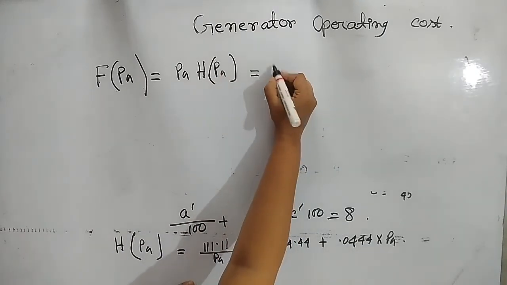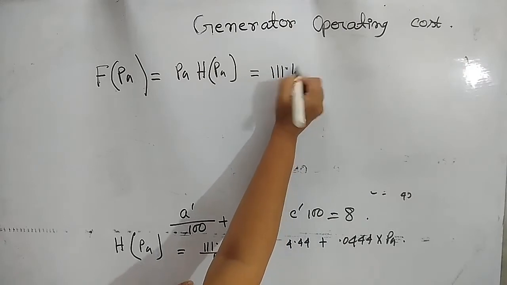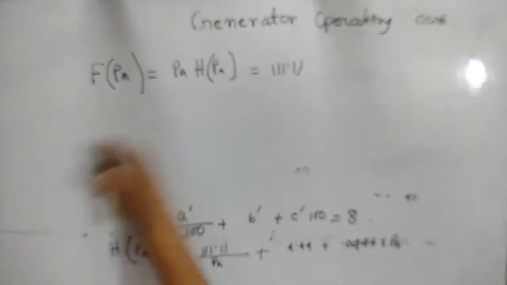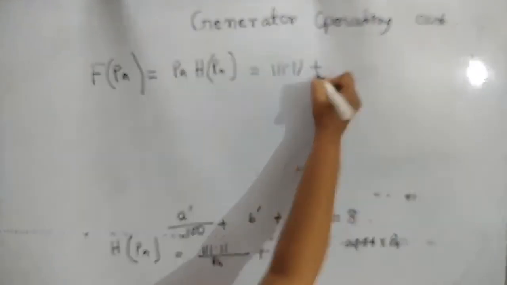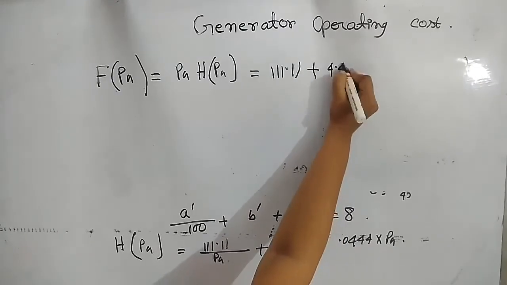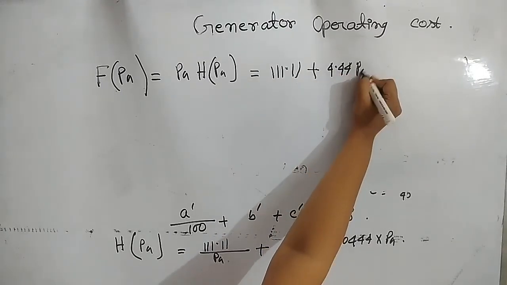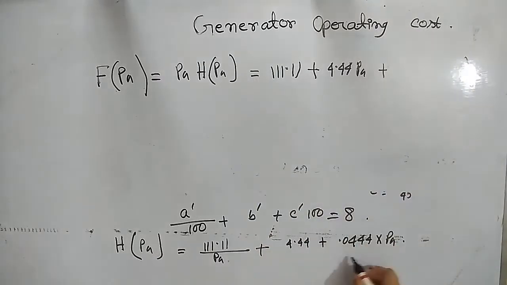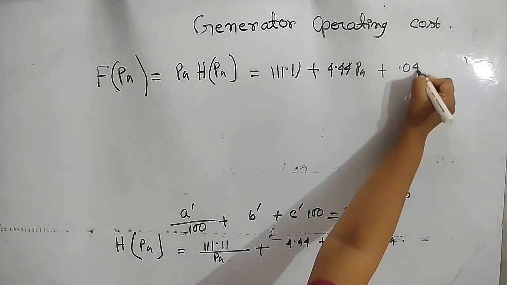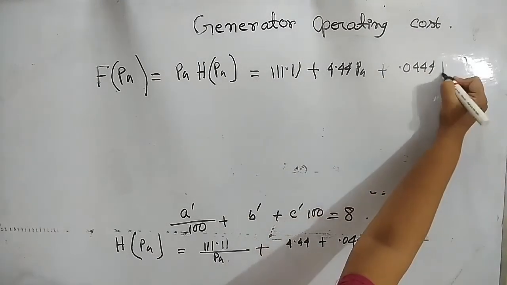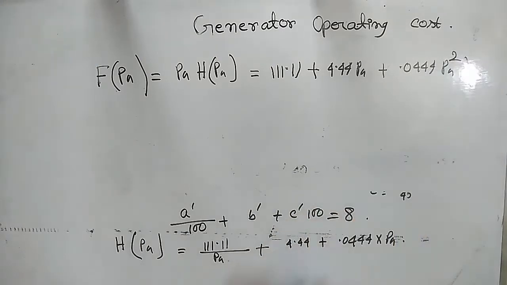Now this is equals to 111.11, because PG and PG cancel out, plus 4.44 into PG plus 0.0444 into PG square.